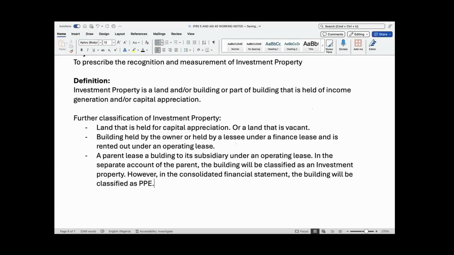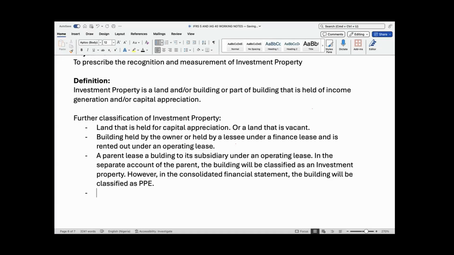If a parent leases a building to the subsidiary, in a consolidated account we will not reckon with that transaction because it will be cancelled out. So when they want to recognize that building in the statement of financial position, it's like PPE, like we are using it for our operations. However, in the parent's own account, he knows that he has leased out a building for income generation, rent. So it would be an investment property in the parent's books.